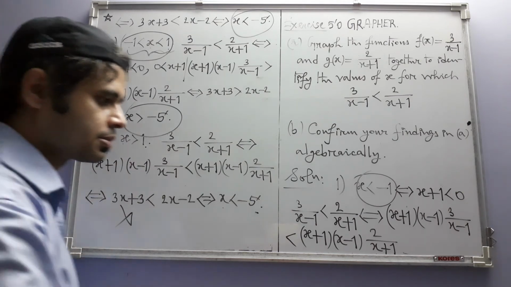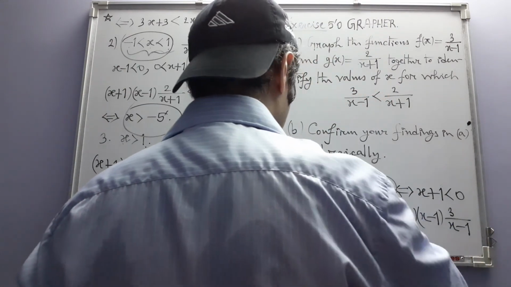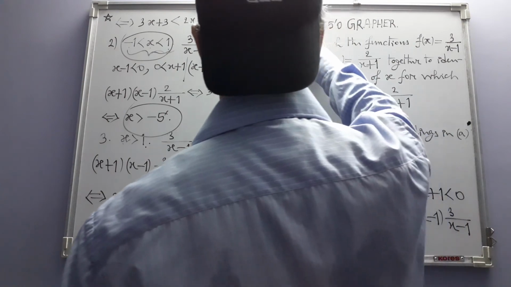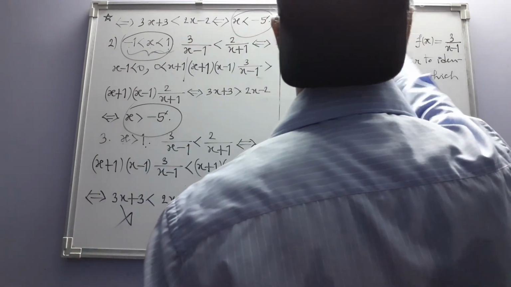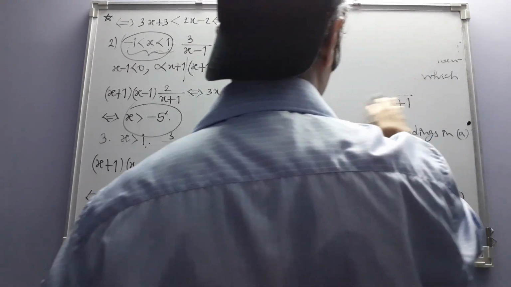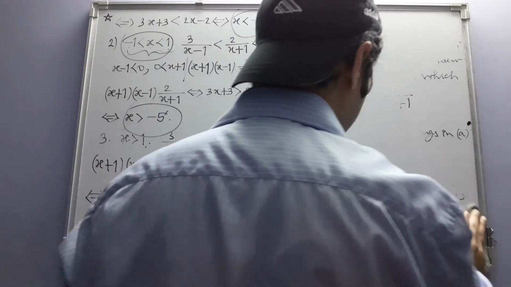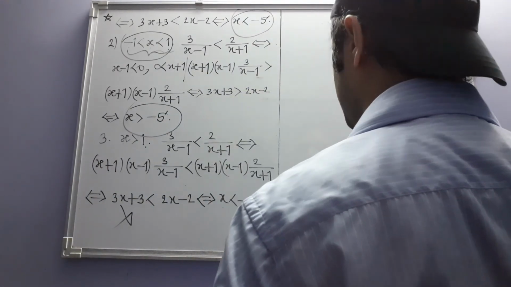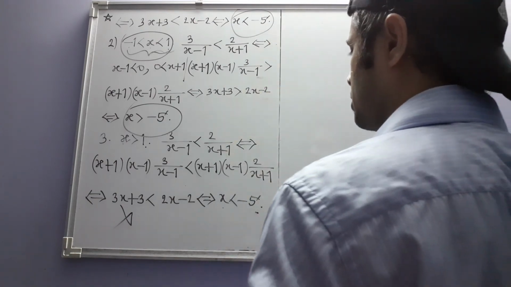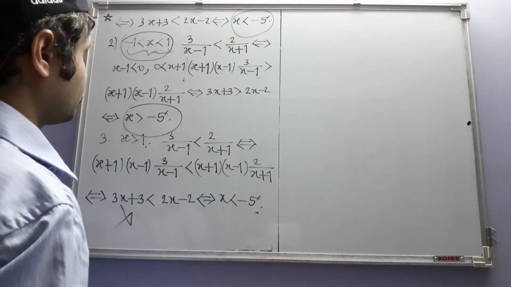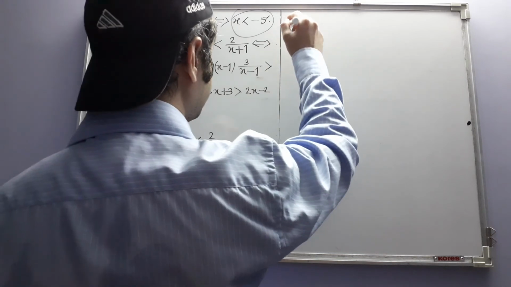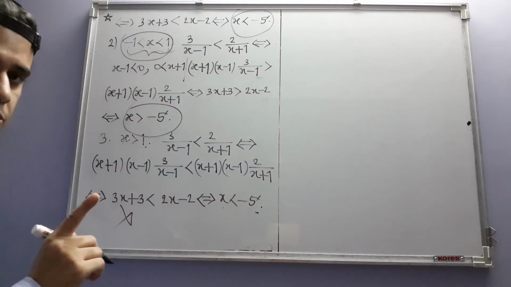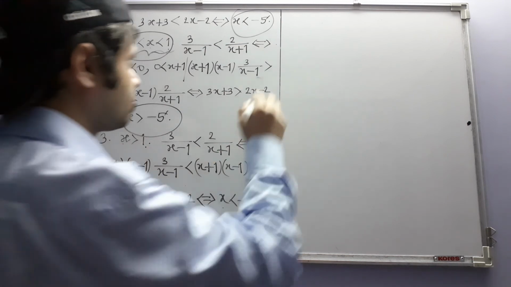So that means the set of all real numbers x for which the given inequality is true is the set of all x that has been determined by these conditions. So the first one is, if x is less than minus 1, then x is less than minus 5.